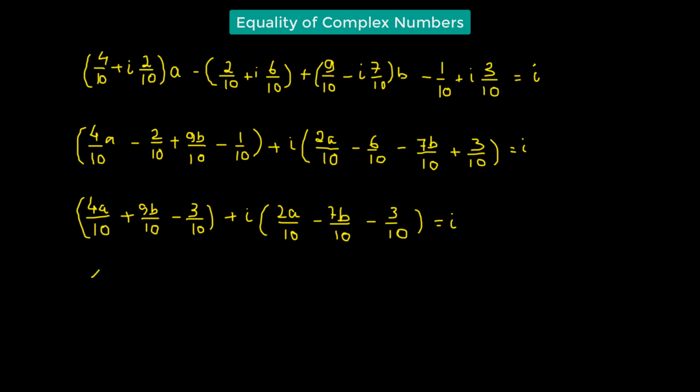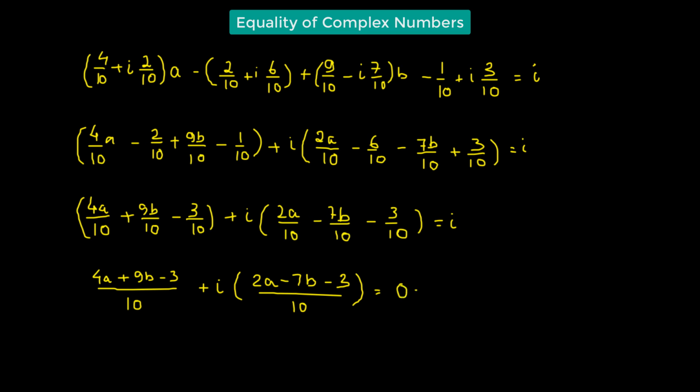So we have 4A plus 9B minus 3 over 10 plus i times 2A minus 7B minus 3 divided by 10 equal to i, and it can be written as 0 plus i times 1.